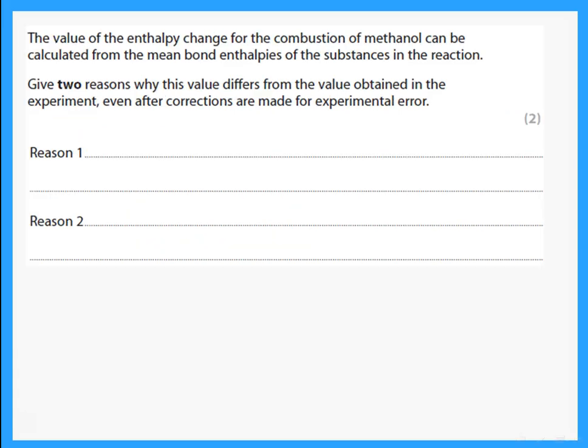The value of the enthalpy change for combustion of methanol can be calculated from the bond enthalpies. Give 2 reasons why this value differs from the value obtained in the experiment. Again, we said the other method of calculating delta H is from bond enthalpies, and bond enthalpies are still not correct. Why would the bond enthalpies not be correct?